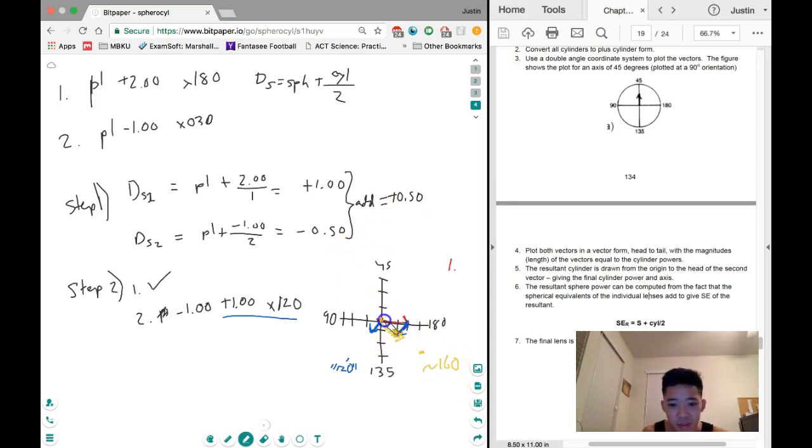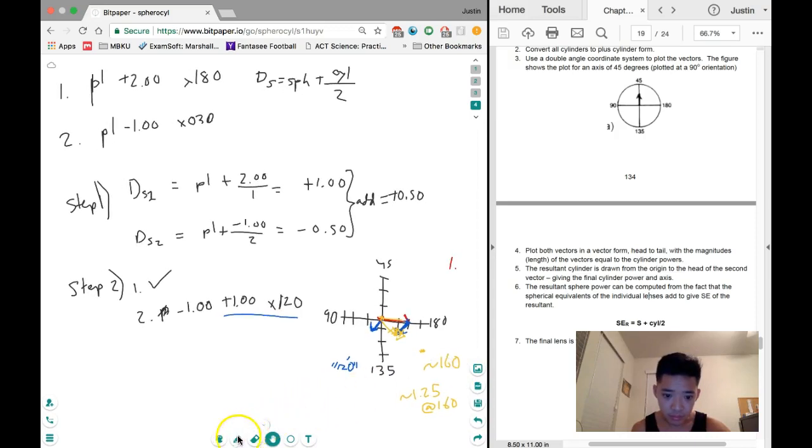Because we had a 2-unit vector going to the right and then kind of 1 going a little bit to the bottom and to the left, we estimate this to be about 1.25 cyl, right, at 160. That's an estimation, 1.25 at 160.